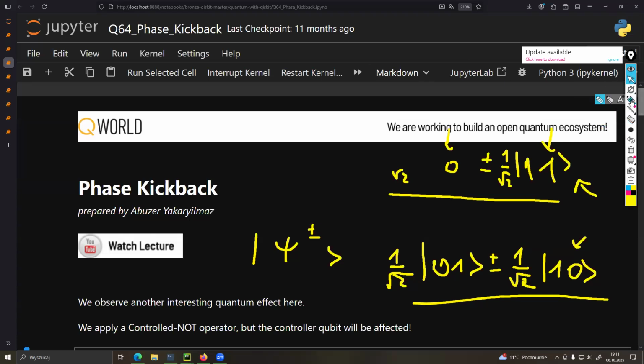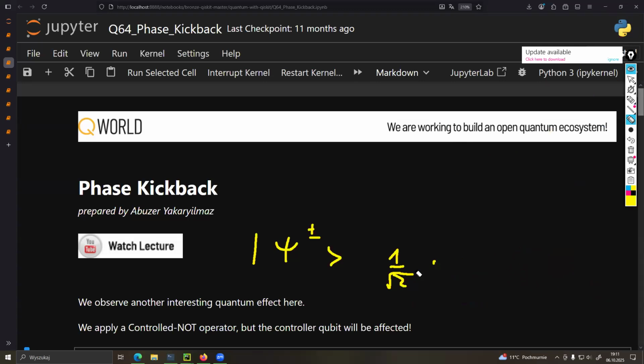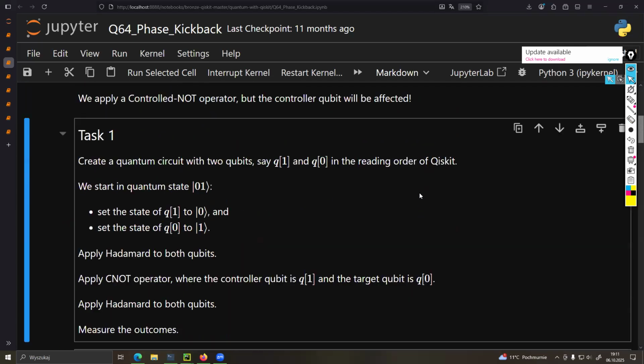So these are the Bell states. I forgot to mention them in the previous lecture, but this will come into play today.